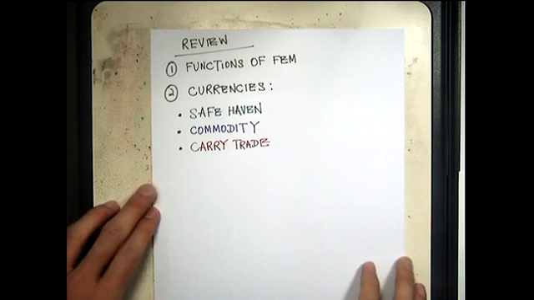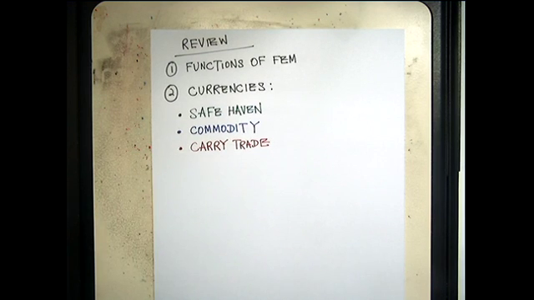Now, what about carry trade currencies? Carry trade currencies are typically exploited by traders by taking advantage of interest rate differentials. What these traders would typically assume is that at the end of the investment, the exchange rate will remain relatively stable.